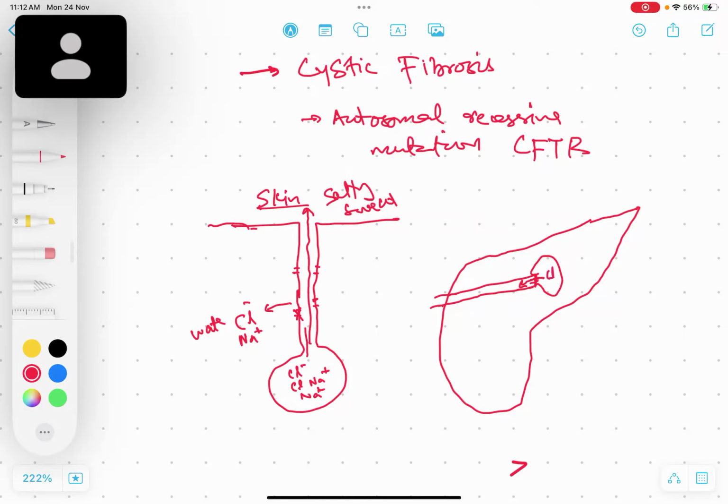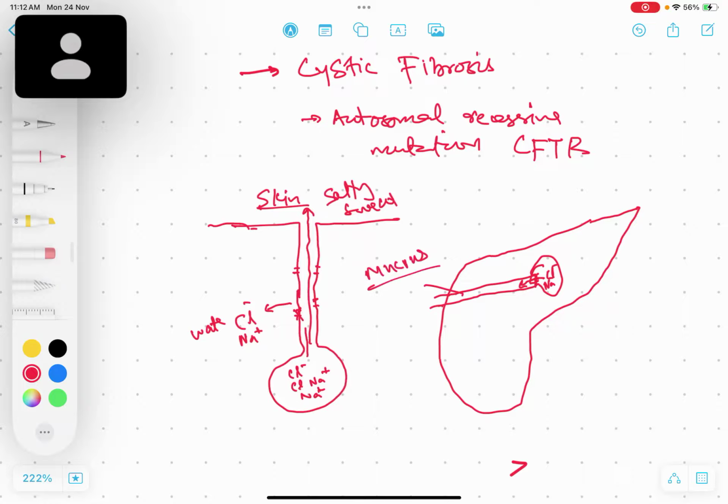So for example, these are the chloride channels, these are the sodium channels. They'll secrete chloride ions into these ducts. So sodium will follow and also water will follow. So the mucus will be thin, right?